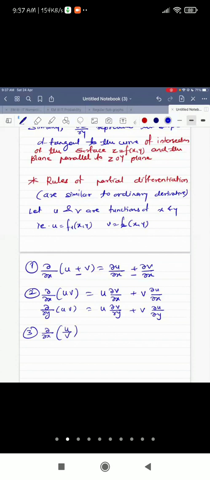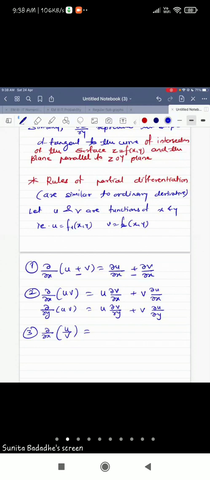If there is the quotient of U and V, now who is ready to give the quotient rule for regular derivatives? Okay, maybe you are unable to type the dash, but the meaning is clear. Ganesh, tell me. U into derivative of V minus V into derivative of U divided by V square.